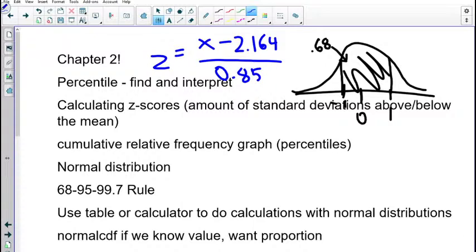And so basically this is asking about what I called the transformations earlier. I'm saying I'm taking all the values, all the list of the values, and I'm subtracting 2.164 from all of them. Take all the values and subtract the 2.164. What's that going to do to the mean, and what's that going to do to the standard deviation? Then after that in my formula, I'm going to divide all the numbers by 0.85.